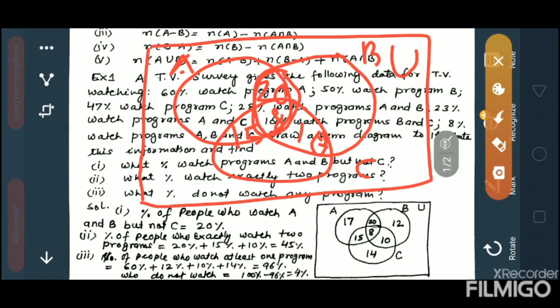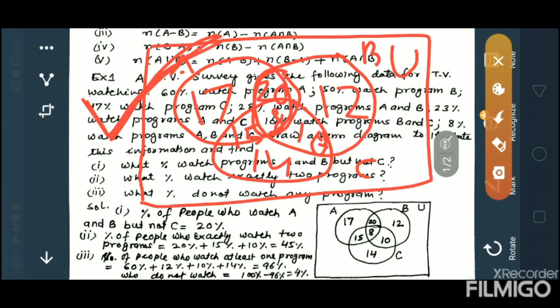Now subtract 20 plus 8 plus 15 plus 10 from 60, that means 28 plus 15 is 43, so 17 will be here. 17% people watch only program A. And B: 50% watch program B, subtract 28 plus 10, meaning 12 watch only B. Now C, 47% watch program C, subtract these, you will get 14. So now this is our correct Venn diagram.